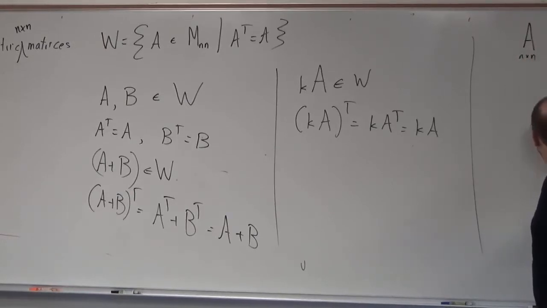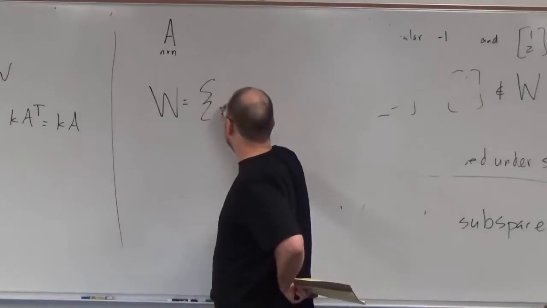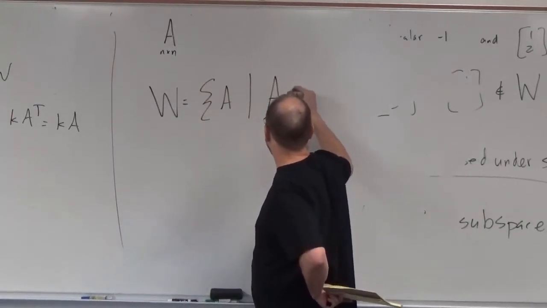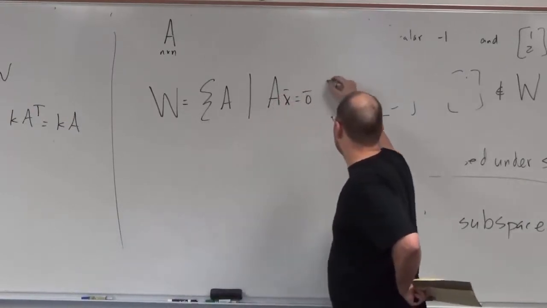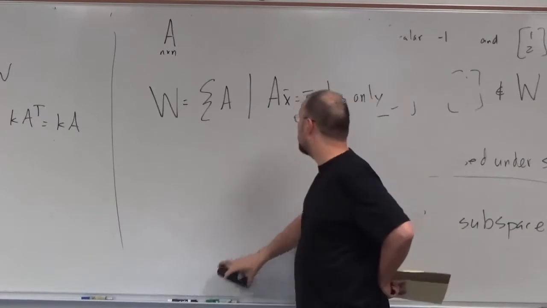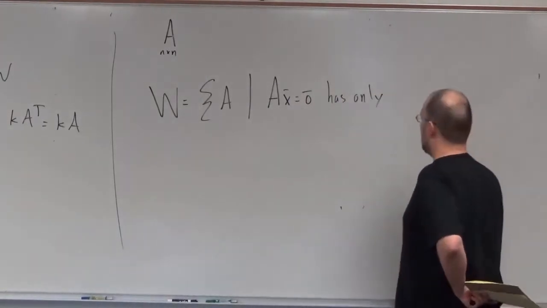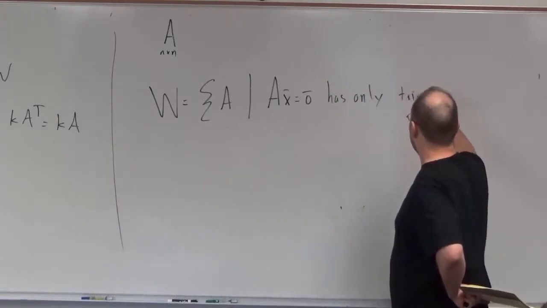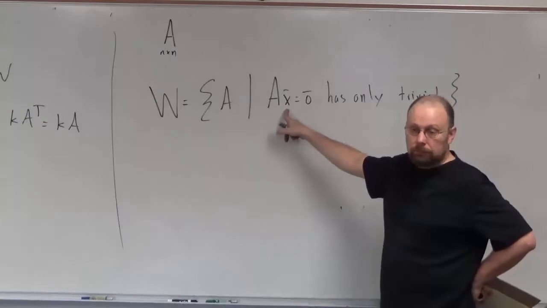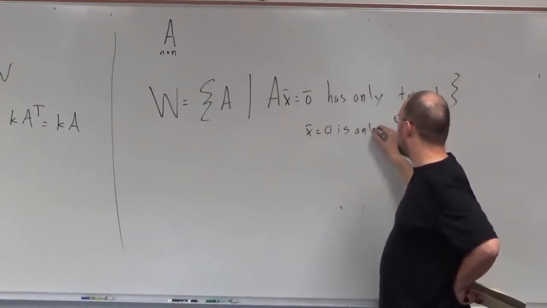Define W to be the set of all such matrices such that A times X equals 0 has only the trivial solution. So there's just one solution to this homogeneous equation, namely X must be 0. So X equals 0 is the only solution.